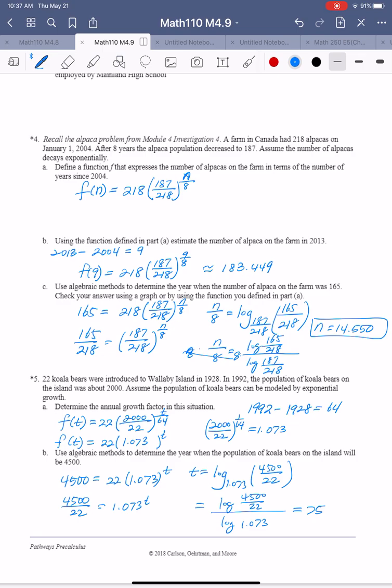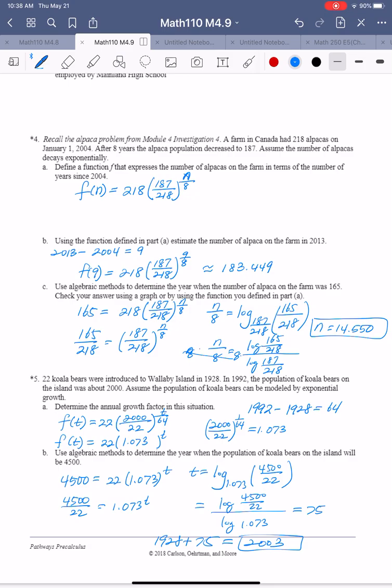About 75 years, but it's from 1928. So if you add 1928 plus 75, it becomes 2003. So about 2003, the koala population becomes 4,500.